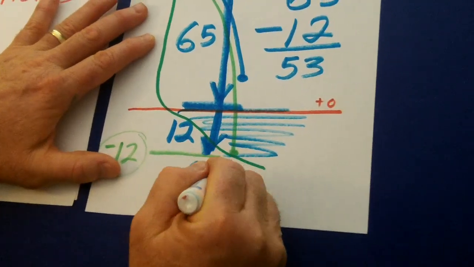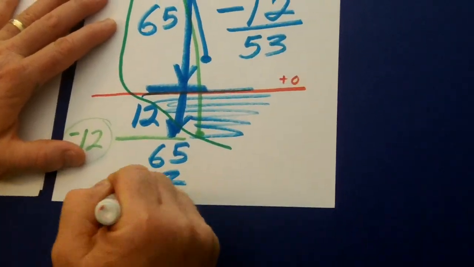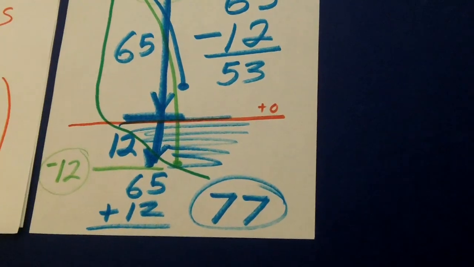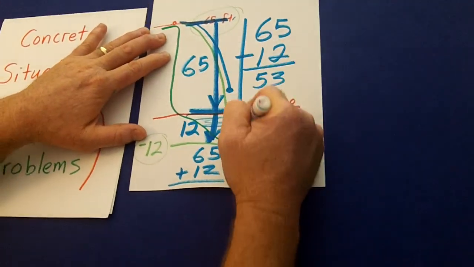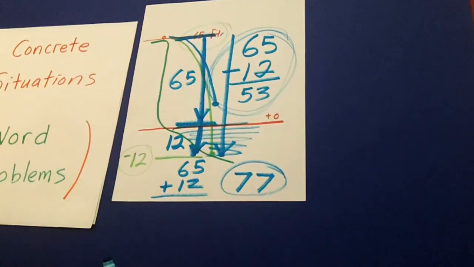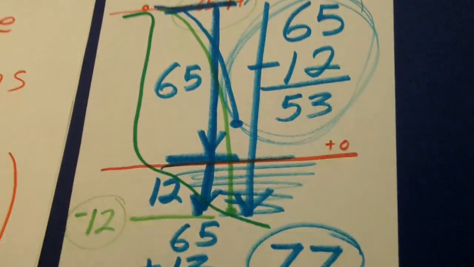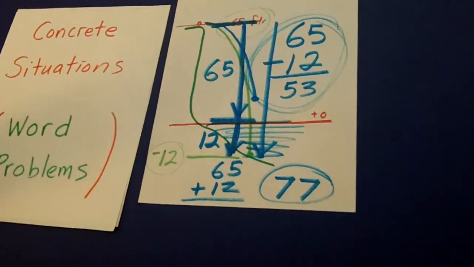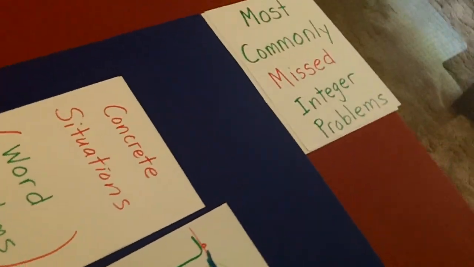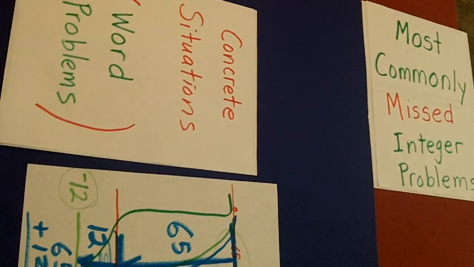So I'm going 65 plus the negative number to get a total drop of 77. It's going down a total of 77 feet. And those people who subtract, they're just guessing and they don't understand. So if you can understand all those different types of problems, you should be able to get an A or a B on our common assessment.